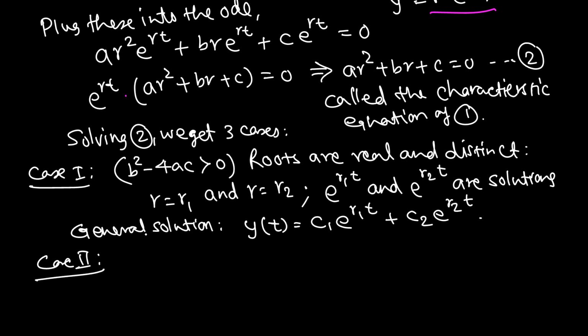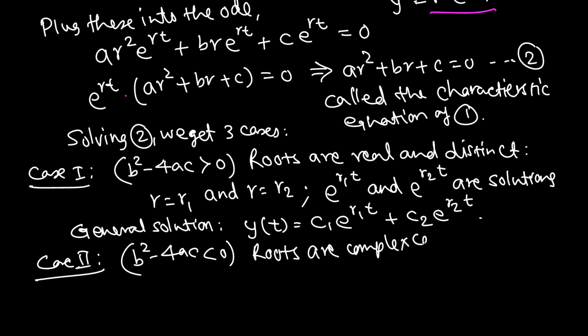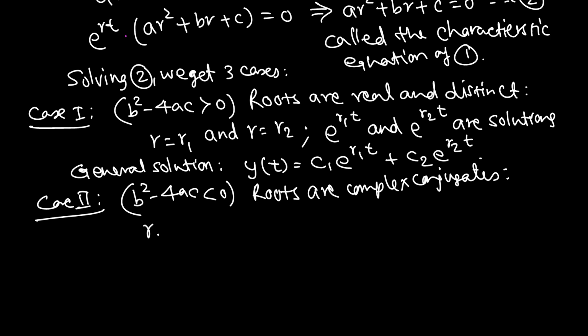Case 2, if this discriminant is negative, then we get the roots as complex conjugates. So in this case, the values of r from 2 are complex conjugates. Let's say r1, r2 are lambda plus minus mu i. r1 is plus and r2 is minus.